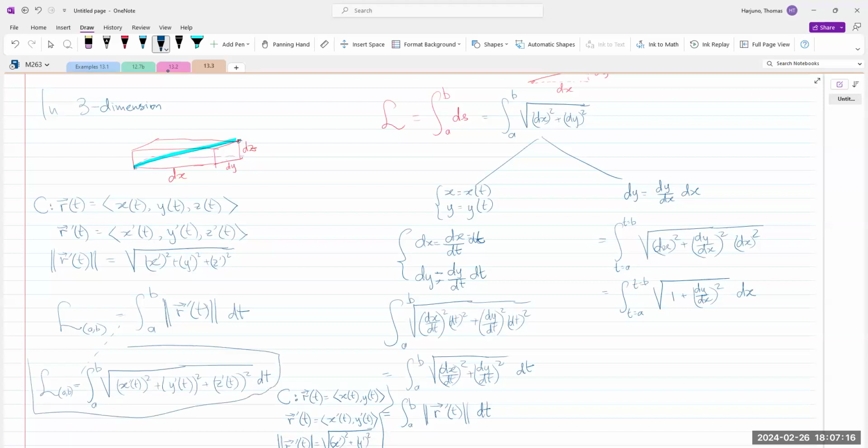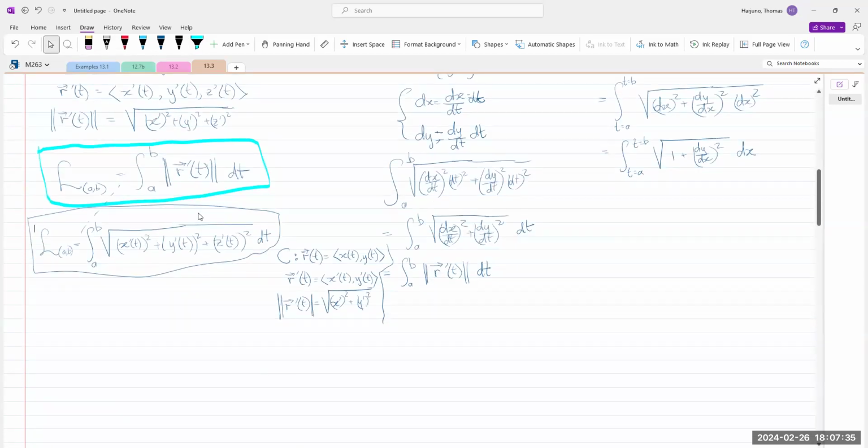Okay, I prefer to memorize this one because this is basically applicable to two dimensions or three dimensions.